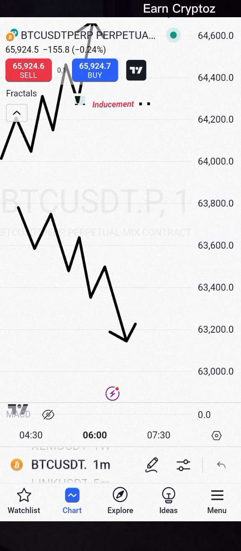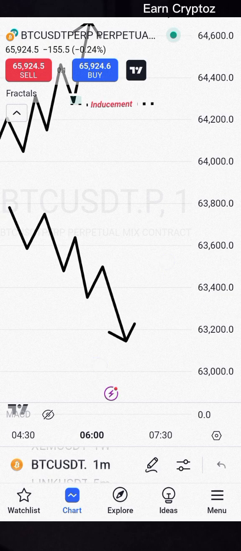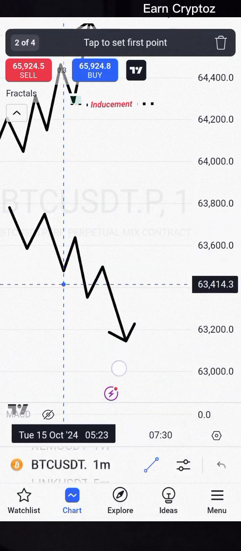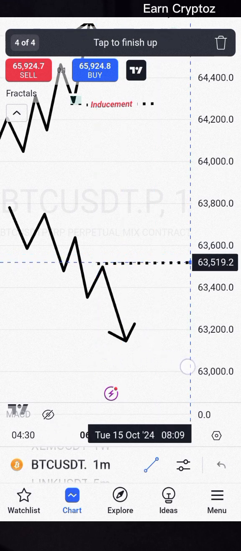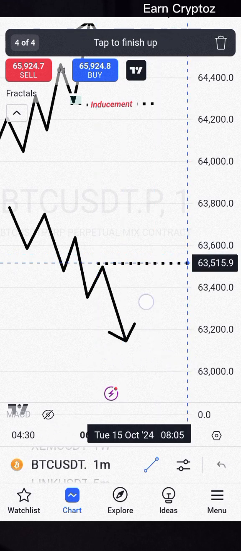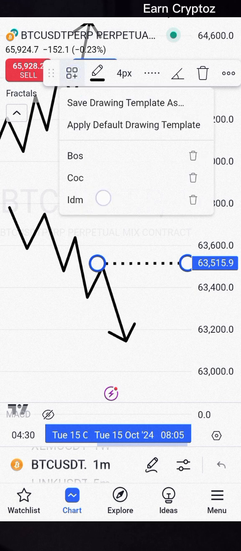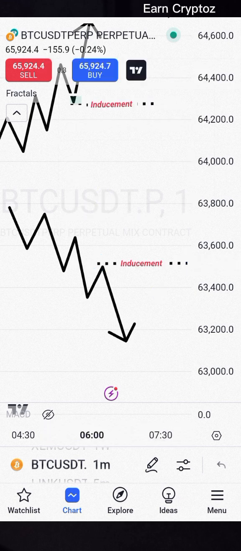Okay, so let's say this is our downtrend, this is the impulsive move. So where is our inducement? Our inducement is right here, the last valid pullback on that impulsive move. So that is our inducement on the downtrend. So I hope this is clear enough.